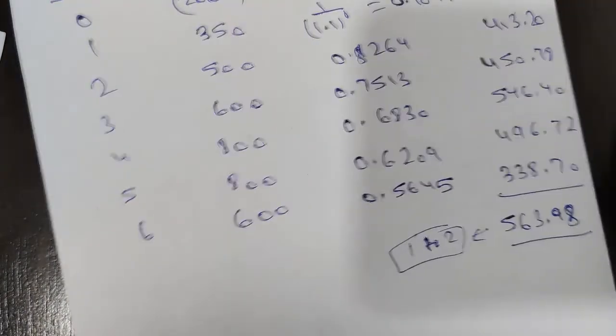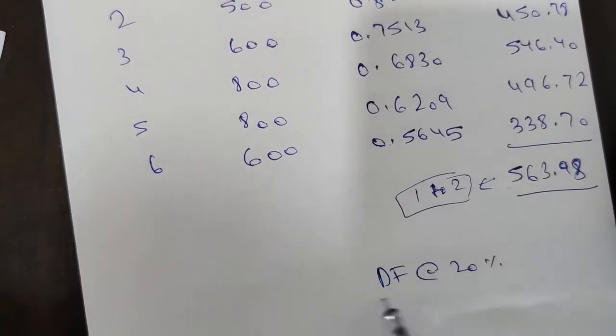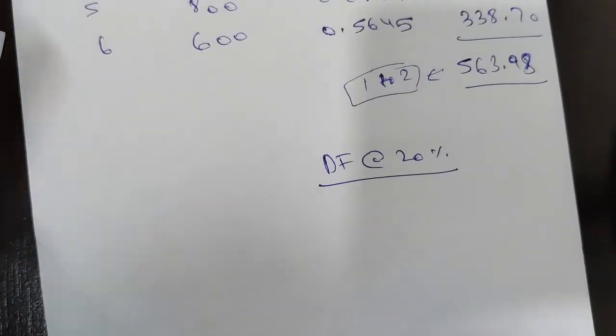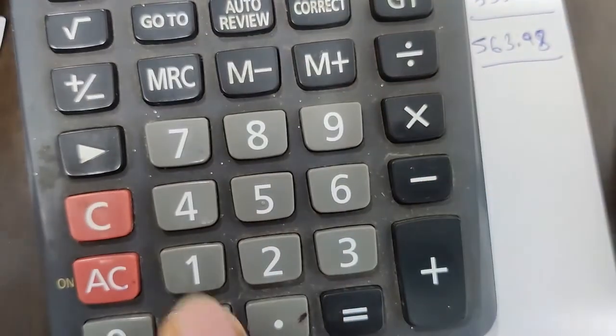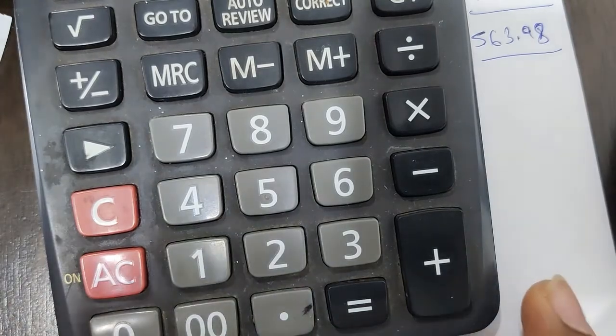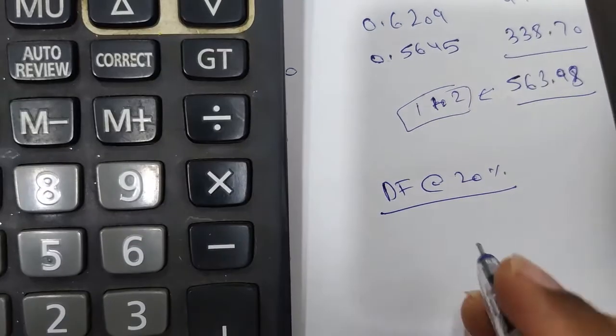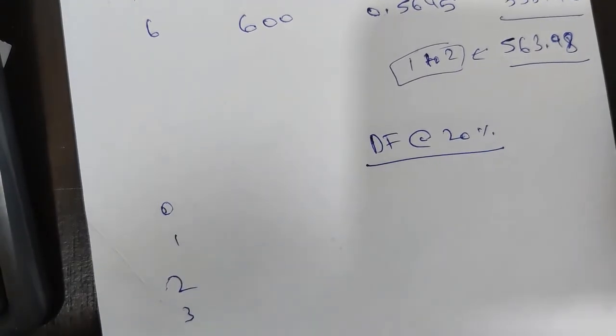Now, how do we calculate at the rate of 20%? Again, in a similar way. I'm just giving you the discounting factor. You calculate it on your own. So again, 1 divided by 1.2, 0.8333. So it will be 0, 1, 2, 3, 4, 5, 6.